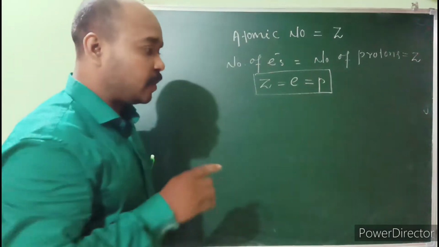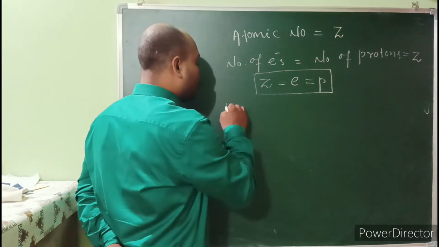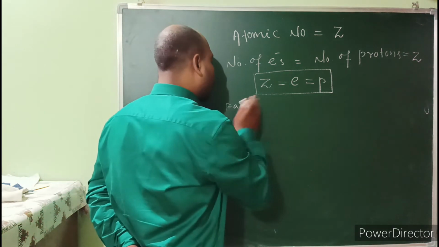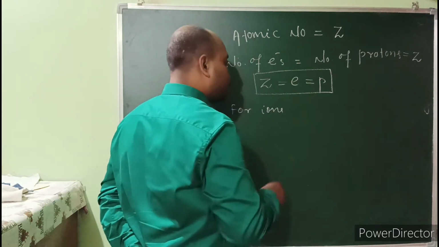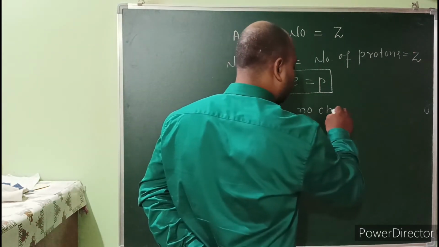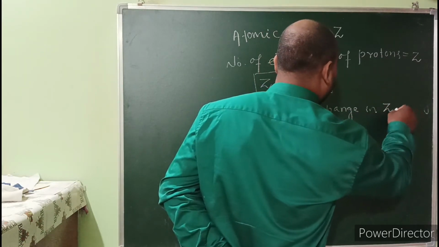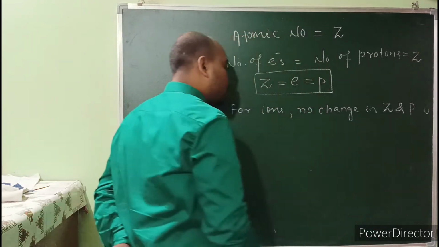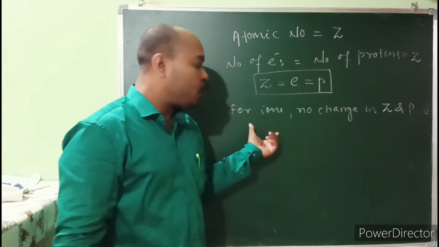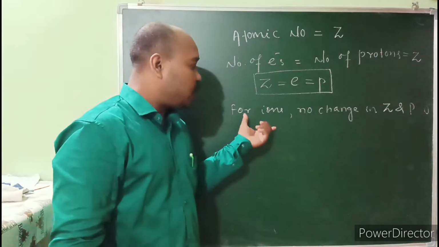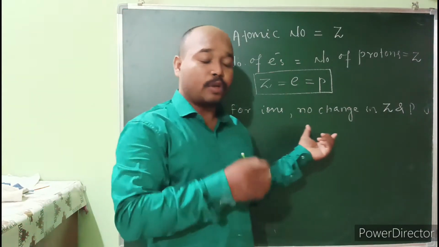And the most important thing is that for ions there is no change in atomic number and protons. When we form an ion, an element gains or loses electrons, and that leads to the development of a charge that may be positive or negative.